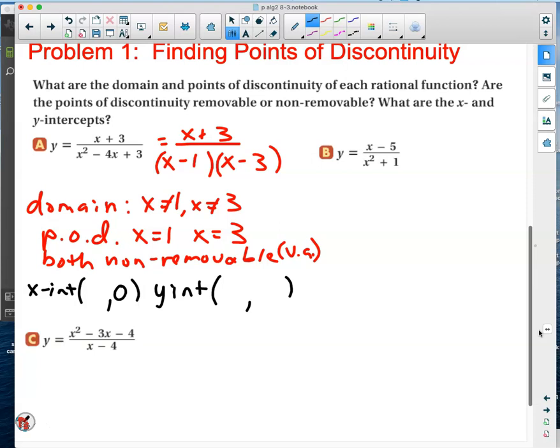Well, the only way y is going to be 0 is if x plus 3 equals 0. Because the denominator is for holes and vertical asymptotes. But the only way to get a 0 is going to be a 0 on the top. A 0 on the bottom is undefined. So when is x plus 3 going to be 0? When it's negative 3.